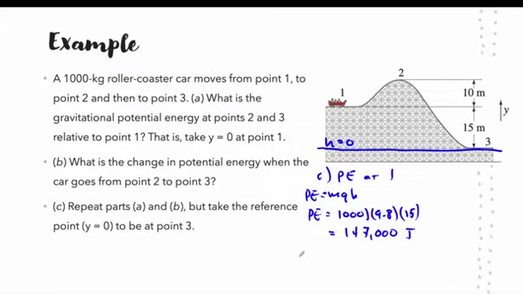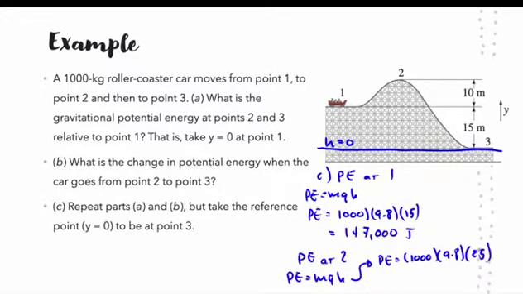If I want to find the potential energy at point 2, then potential energy would be equal to mgh, which would be equal to m 1000 times g 9.8 times 25, right?